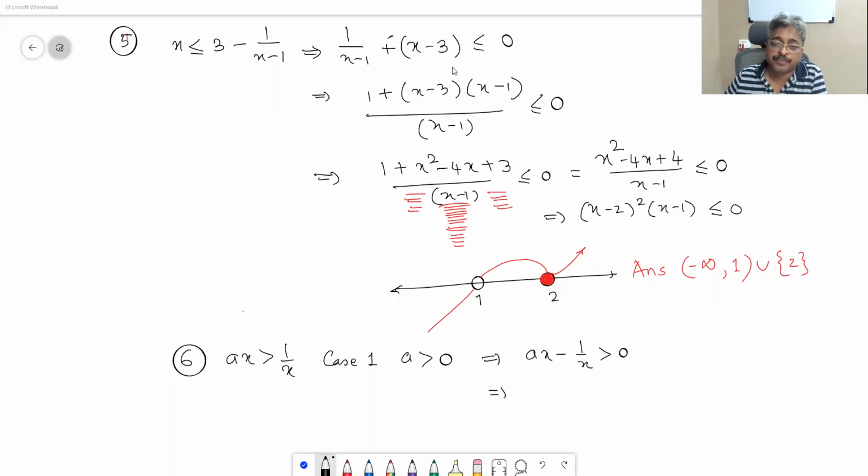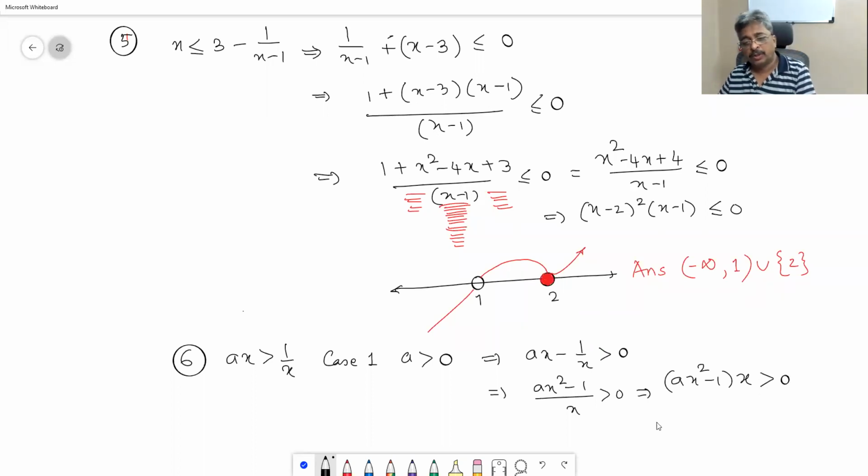Makes it (ax squared minus 1) upon x greater than 0. Makes it (a x squared minus 1) into x should be greater than 0, and x should not be equal to 0.